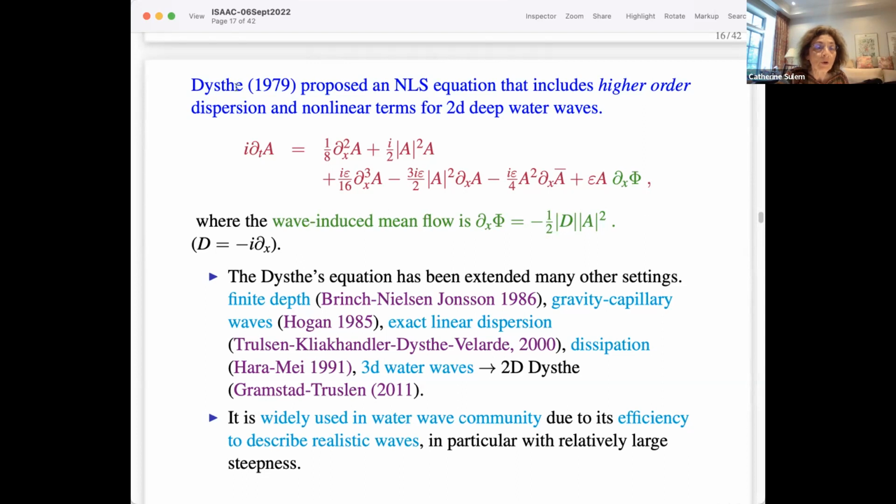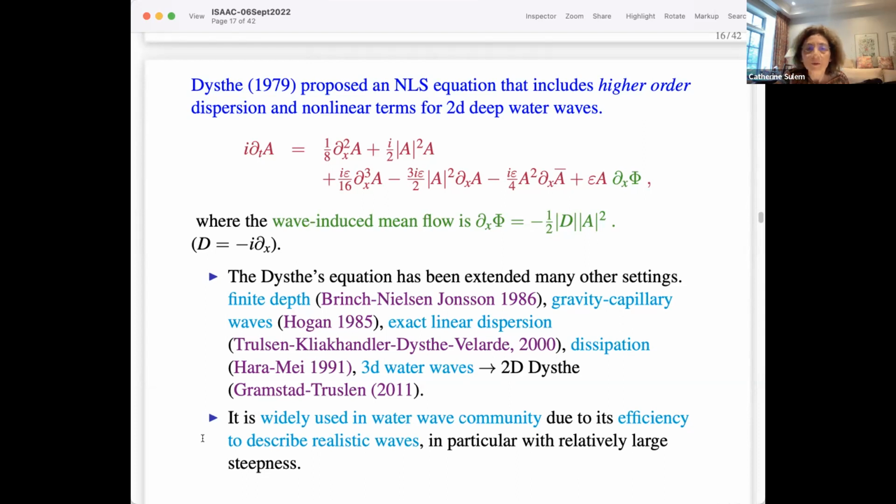Now, since the early work of Dysthe, this equation has been extended to many other settings: finite depth, gravity capillary waves, exact linear dispersion, presence of dissipation, the 3-dimensional problem, and it is widely used in the water wave community because of its efficiency to describe realistic waves.